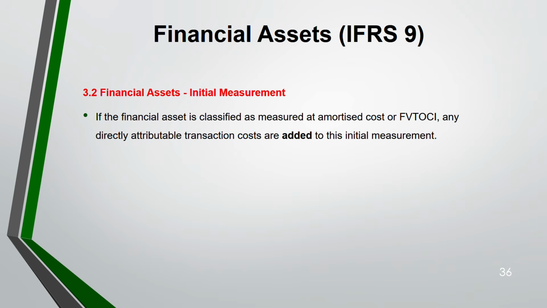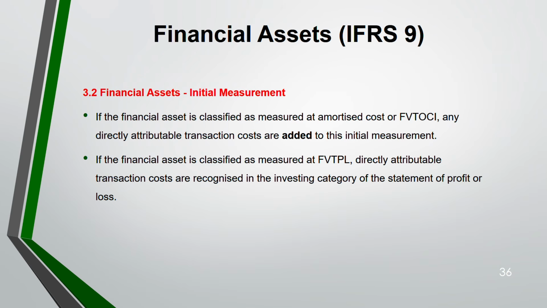This you can't ignore. When we talk about transaction cost, remember the first three measurement categories: profit and loss, OCI, or amortized cost. If you are measuring your financial asset at amortized cost or fair value through OCI, transaction costs are added to the initial measurement. That means whatever your financial asset is, you add the transaction cost to it.